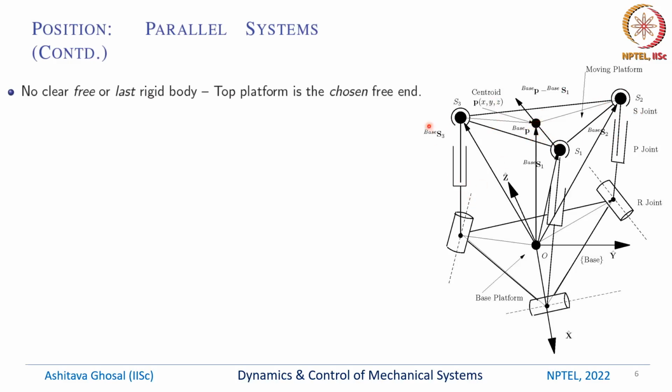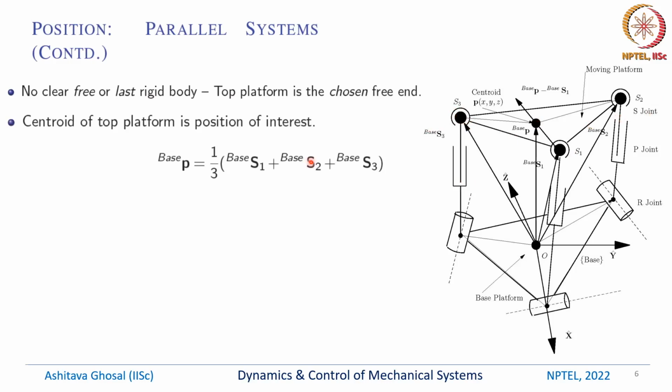This can be obtained once we know the position vectors locating these three spherical joints. So if I know the position vectors of S1, S2 and S3, which are the three spherical joints, from a fixed reference coordinate system X, Y and Z with origin O, then the centroid is nothing but 1/3 of the sum of these three vectors.